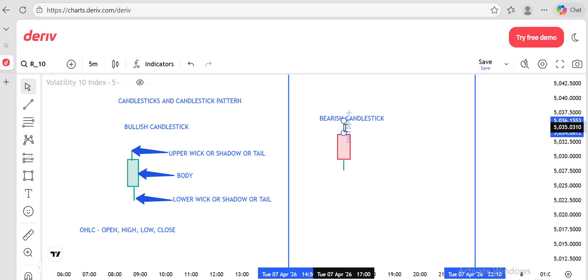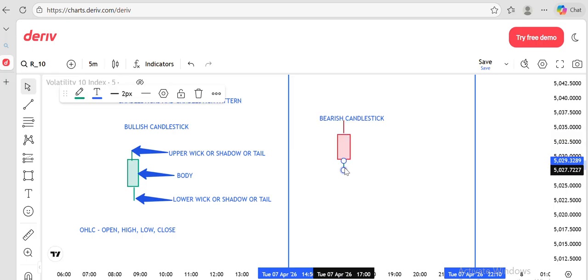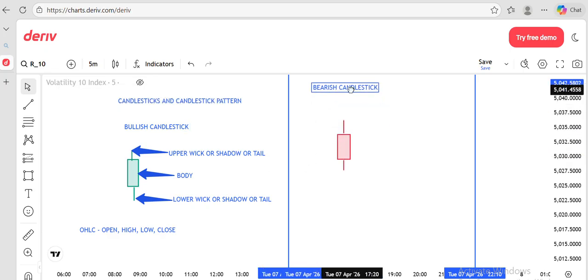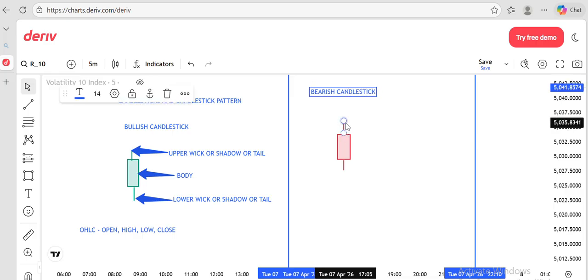Let me change the color to red. That's the same way as the bearish candle. Now look closely. This is the high, the open, the close, the low.